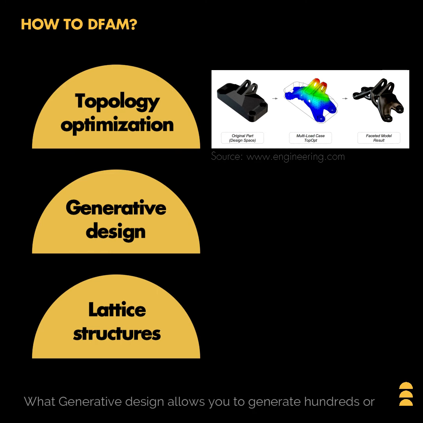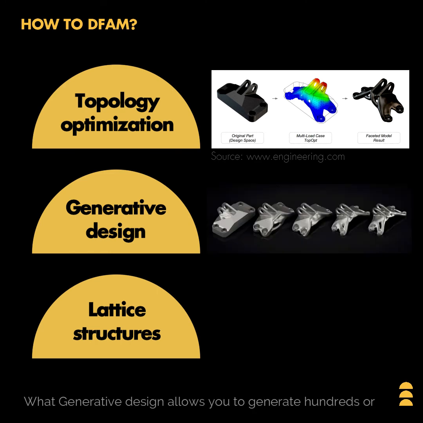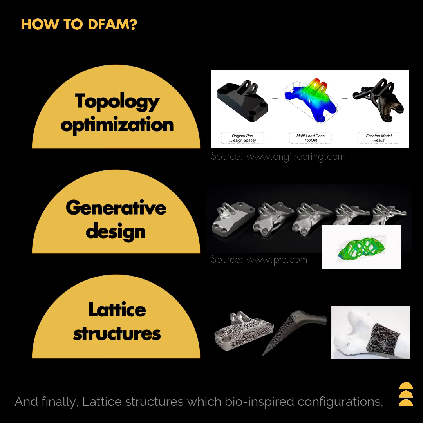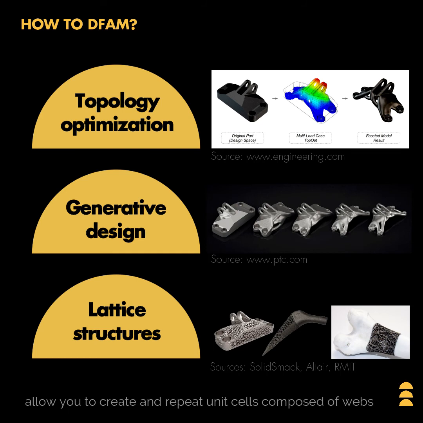What generative design allows you to do is generate hundreds or thousands of part design options based on input parameters you give to the software. And finally, latticing, or lattice structures, which are bio-inspired configurations, allow you to create and repeat unit cells composed of webs with honeycomb or random patterns.